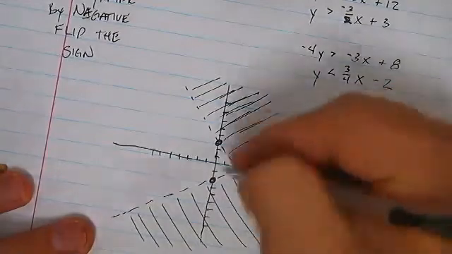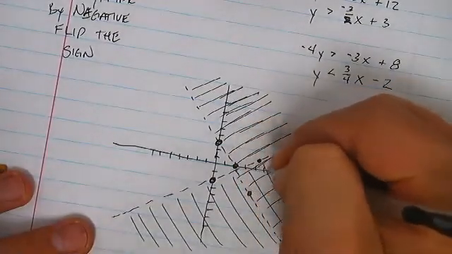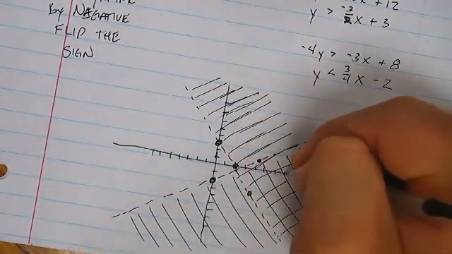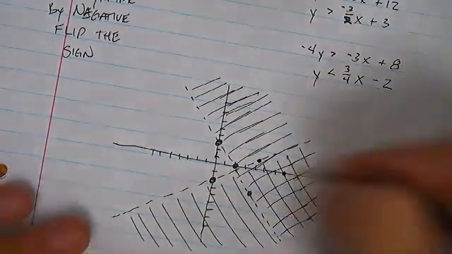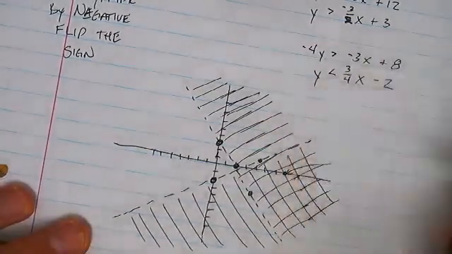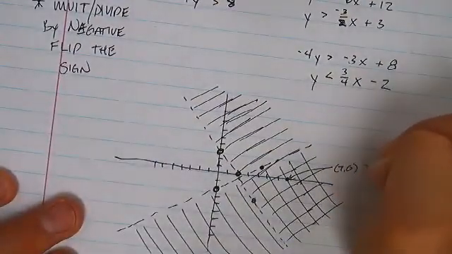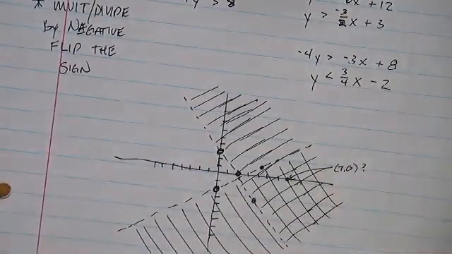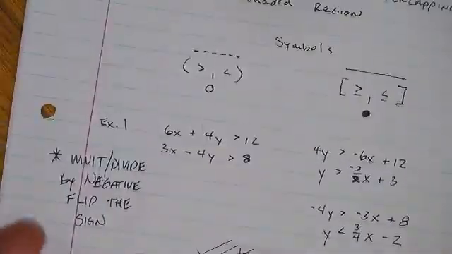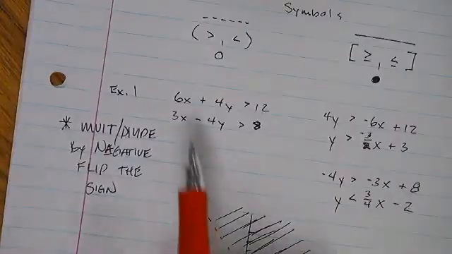So I'm going to say 1, 2, 3, 4, 5, 6, 7, 7, 0. I'm going to try this point right here just to see if it works. I'm going to try 7, 0 to make sure that I shaded correctly. Go all the way back to the beginning to try this out.